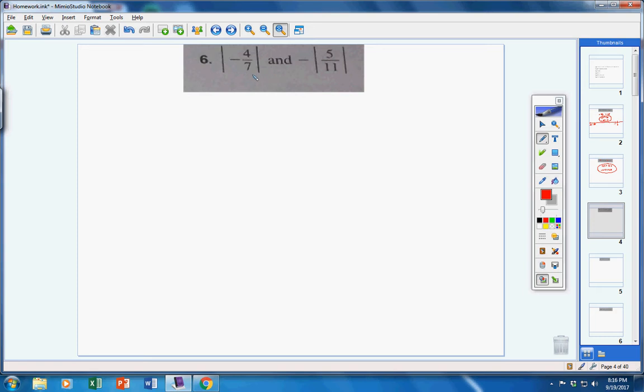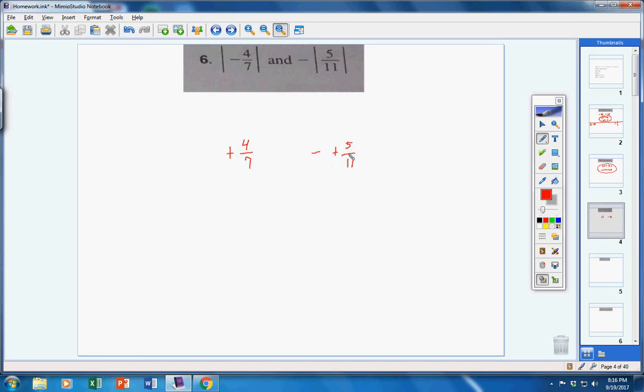Number 6. Okay, now guys, remember, an absolute value symbol means make the number positive or leave it positive. So the absolute value of negative 4/7 is positive 4/7, okay? Now, the absolute value of positive 5/11 is positive 5/11. But there's a negative sign out front.